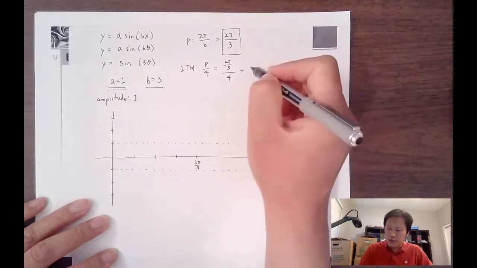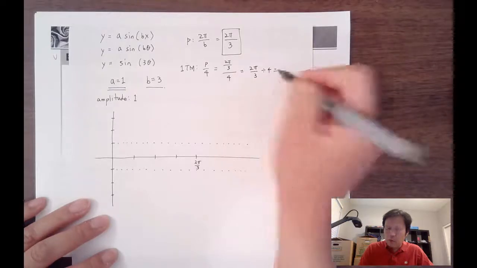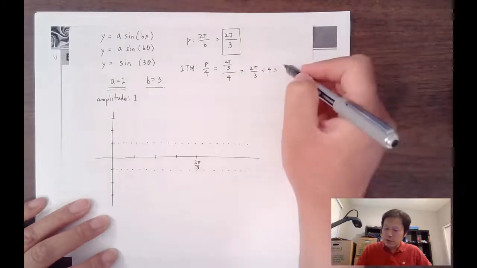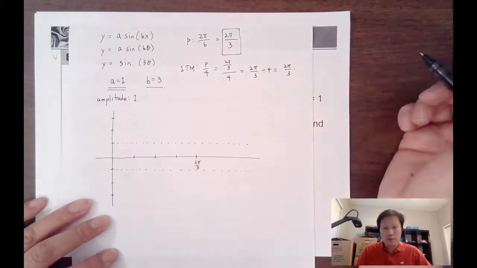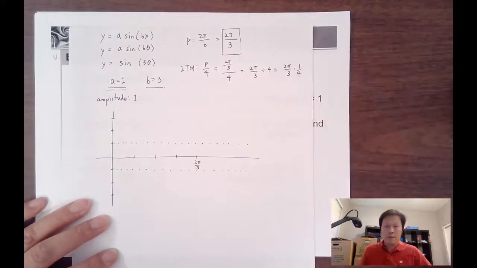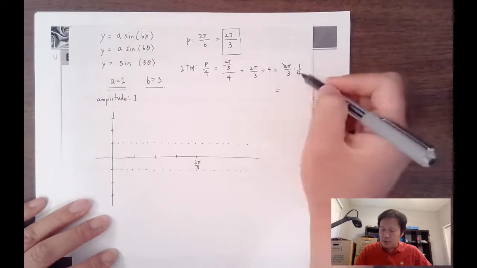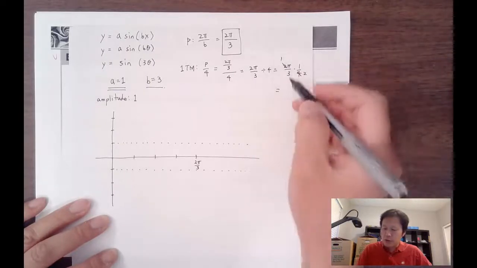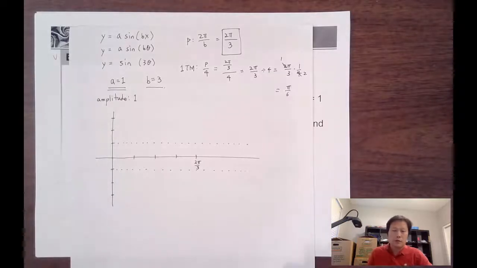So that's the same as 2 pi over 3 divided by 4, which is the same as 2 pi over 3 multiplied by the reciprocal. 4 is the same as 4 over 1, so the reciprocal would be 1/4. So the 2 cancels with the 4, and pi over 6 will be the width for one tick mark.